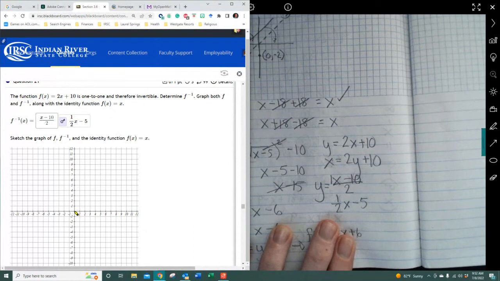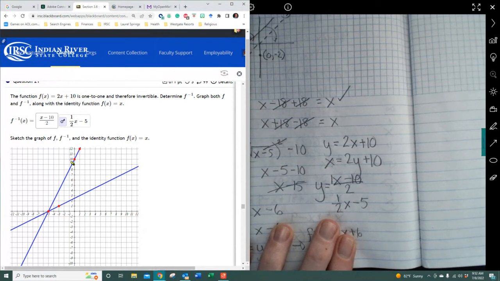So now we're going to graph this. Going up to positive 10, over 1, and then going to negative 5, and then up 1 over 2. And there we have our graph of our function.